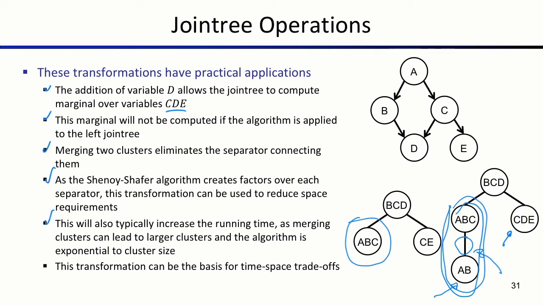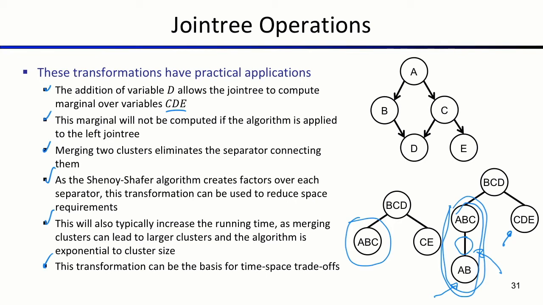Great, a final touch here is that these transformations can be a basis for some time and space trade-off. Sometimes we have a little bit more space, so we can create a larger cluster. Sometimes we need to save space, so we need to keep the cluster small. So we have those operations that we can use to transform the join tree and tune it to the requirements that we need.